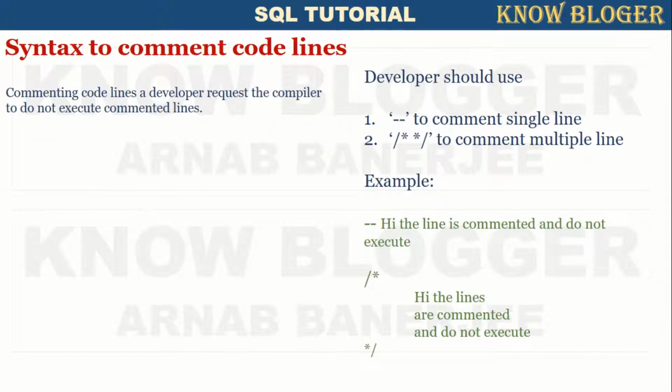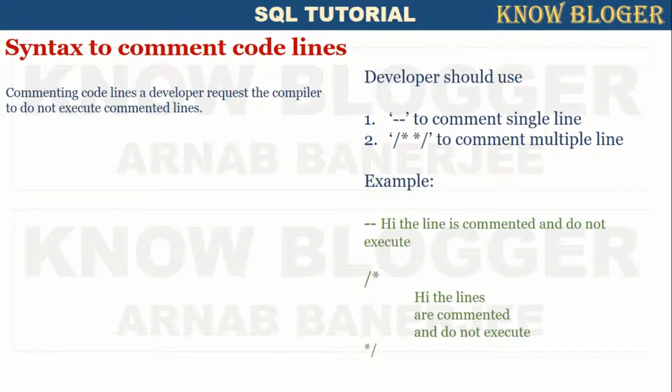If there is anything to hide from the compiler, then we should comment the line, so that we can see the line in the page but the compiler will not execute it. By commenting code lines, a developer requests the compiler not to execute the commented lines. We can comment a single line or multiple lines. They both have different syntax. For commenting a single line, we should use the double hyphen.